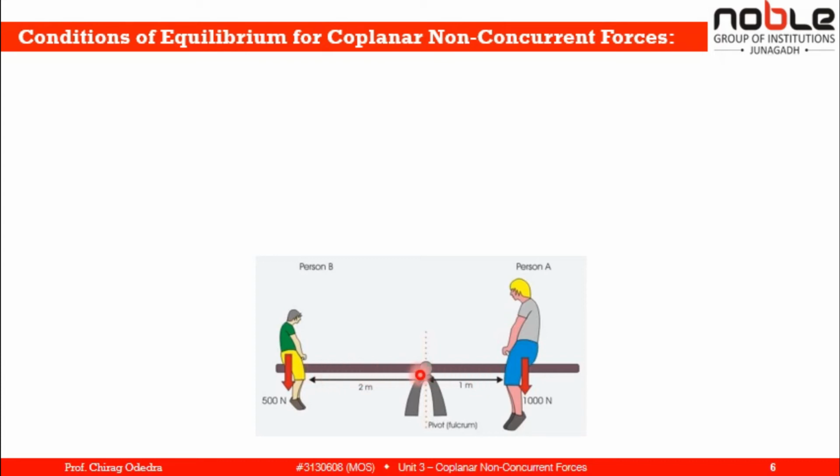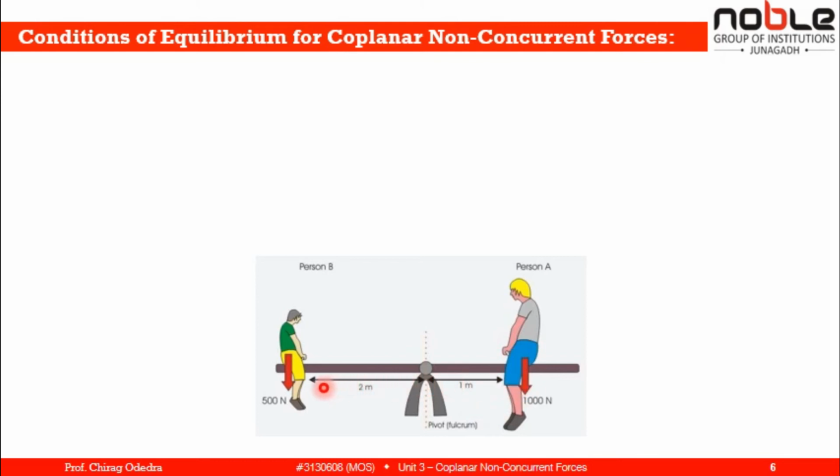Why is the seesaw stable? Because person A is sitting 1 meter away from the pivot, and person B is sitting 2 meters away from the pivot. So the moment because of person A is equal to 1000 into 1, that means force into perpendicular distance.